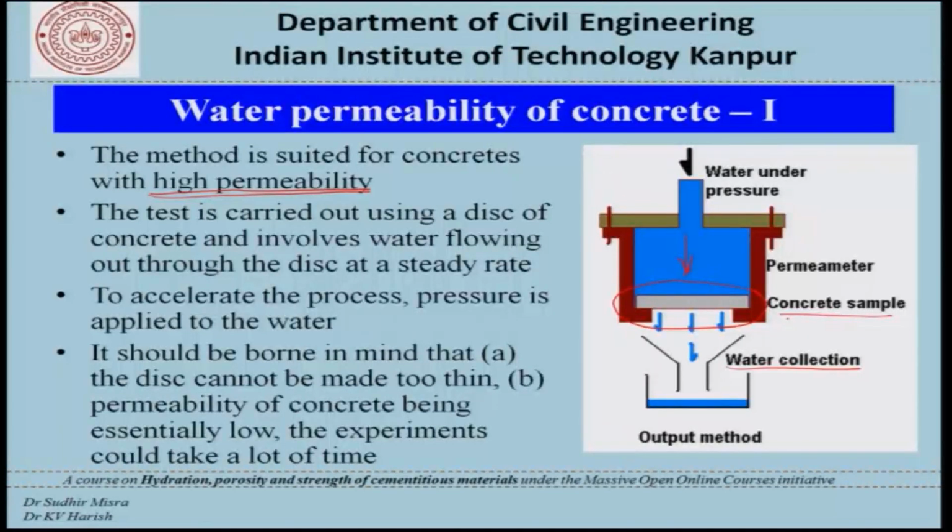If there is too much pressure, the disc should not basically break. Now, once we know the amount of water that collects here over a period of time, the cross sectional area and the thickness that we have here, we can calculate the permeability in the traditional manner.